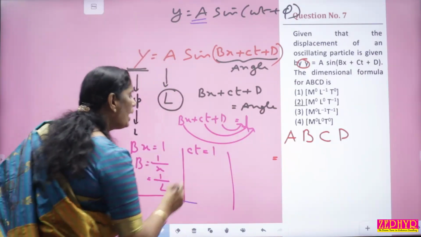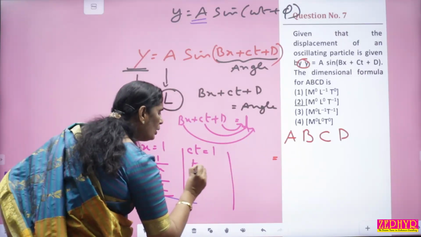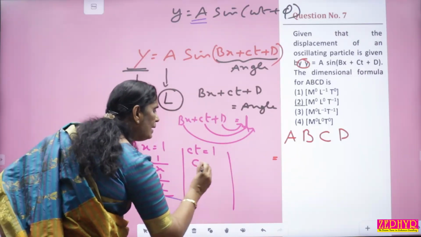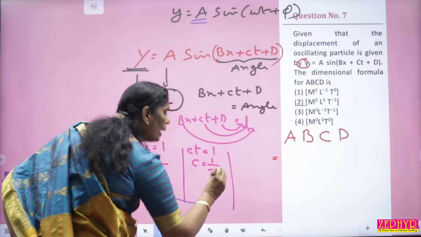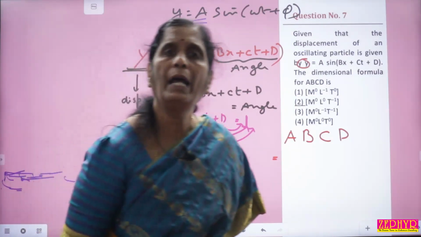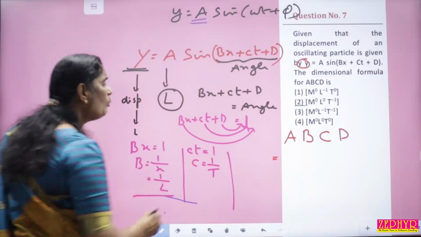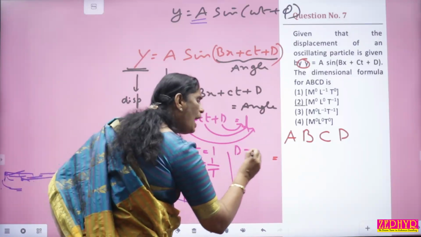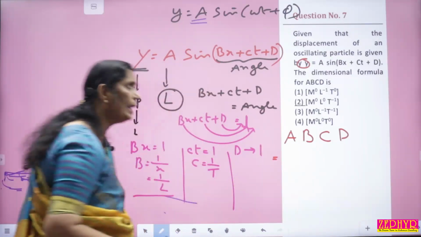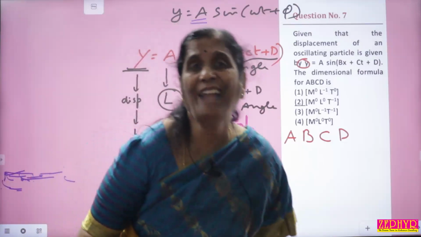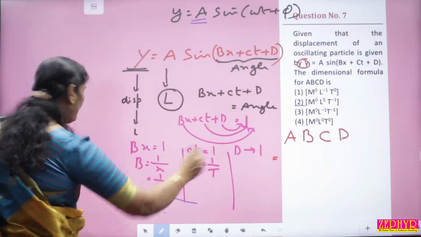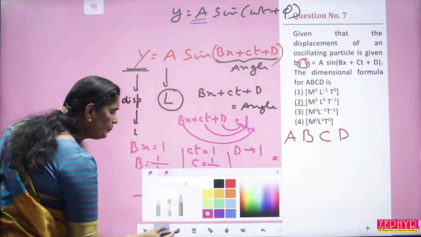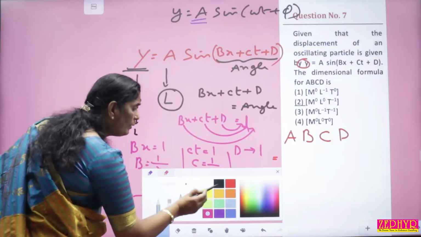So ct is 1, so C is 1 by T, where T is time. Now, what about D? D is directly an angle, like omega t plus phi, where phi is an angle. So D is an angle. So we got the values of A.